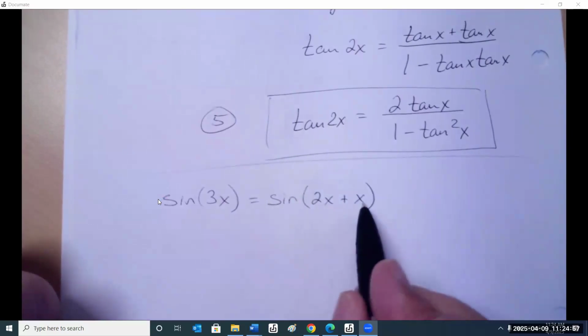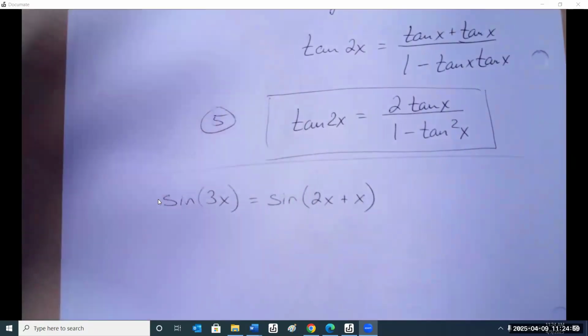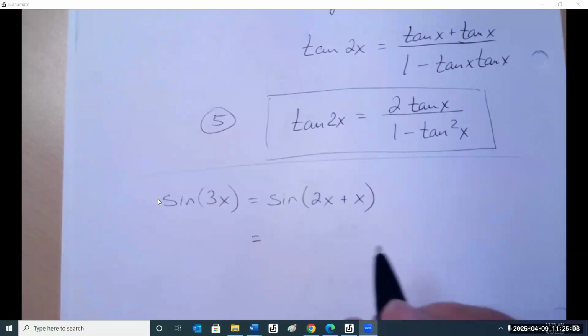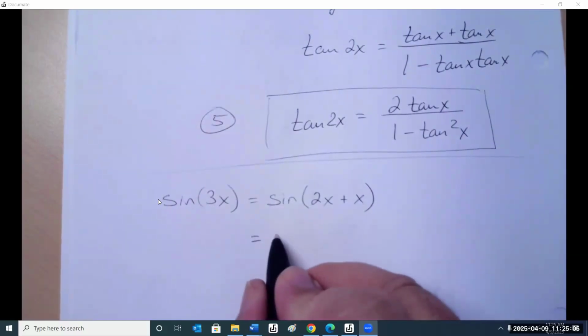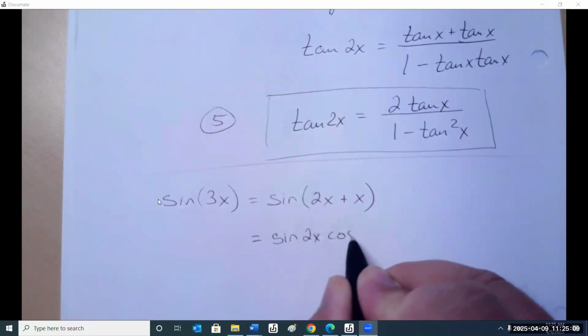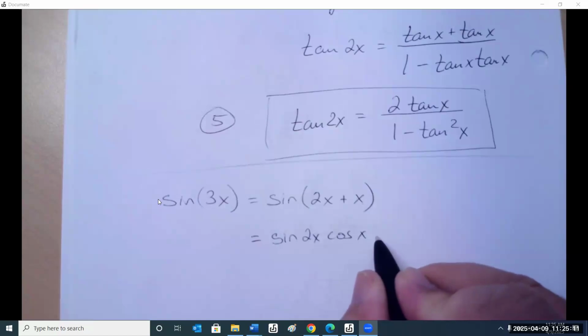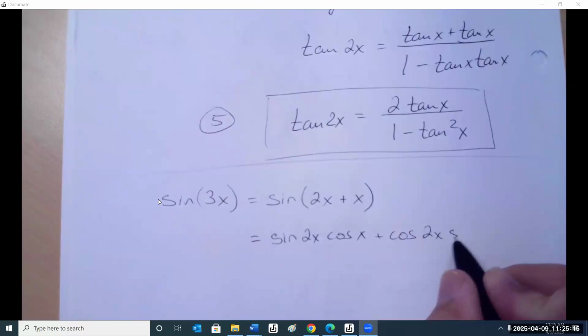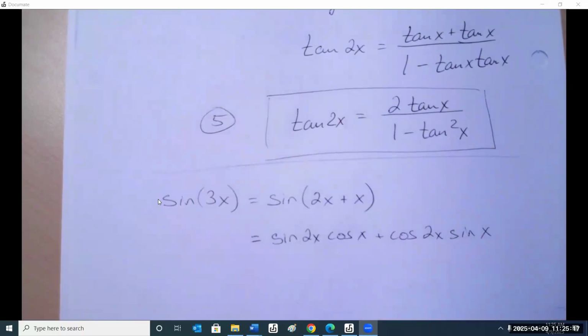Because we have both of these defined, we just have to use the formula: what's the sine of the sum of the angles? Sine 2x cosine x plus cosine 2x sine x.